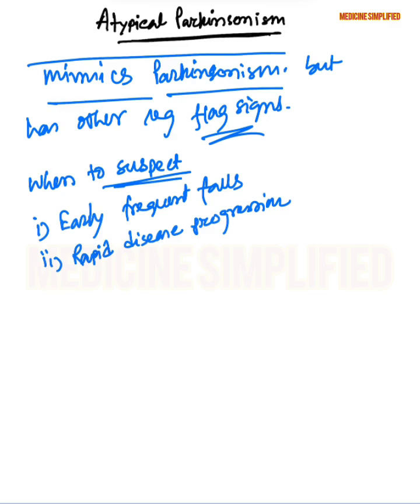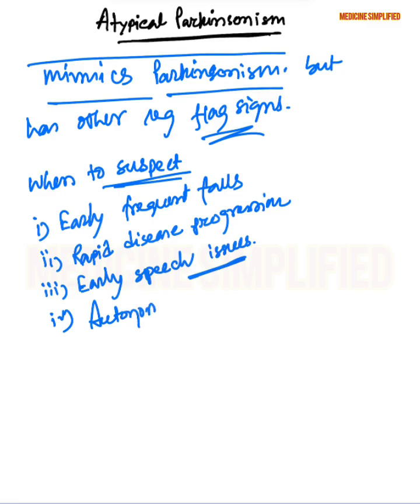But if the disease progresses very rapidly, then suspicion should be on the atypical variety. Number 3, early speech issues. Number 4, autonomic failure, like orthostatic hypotension.